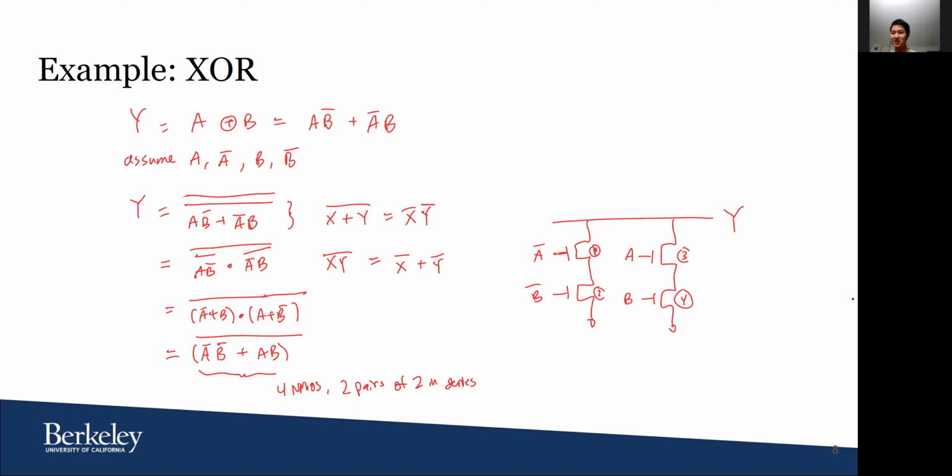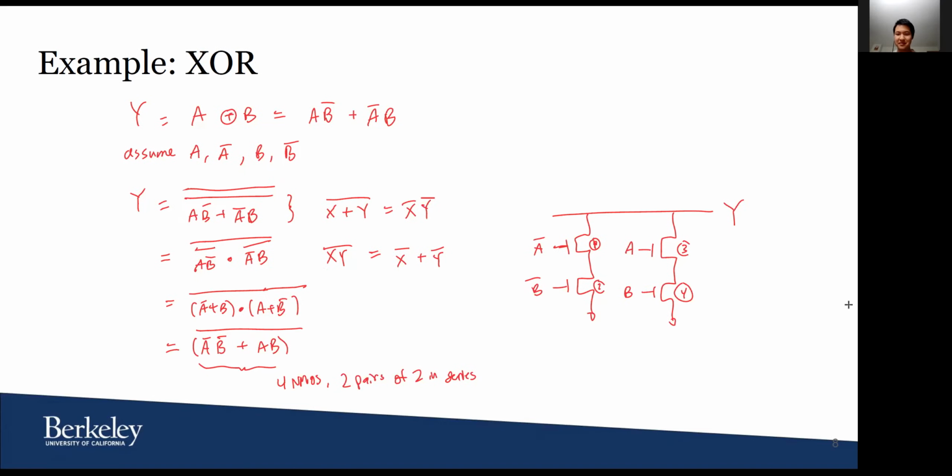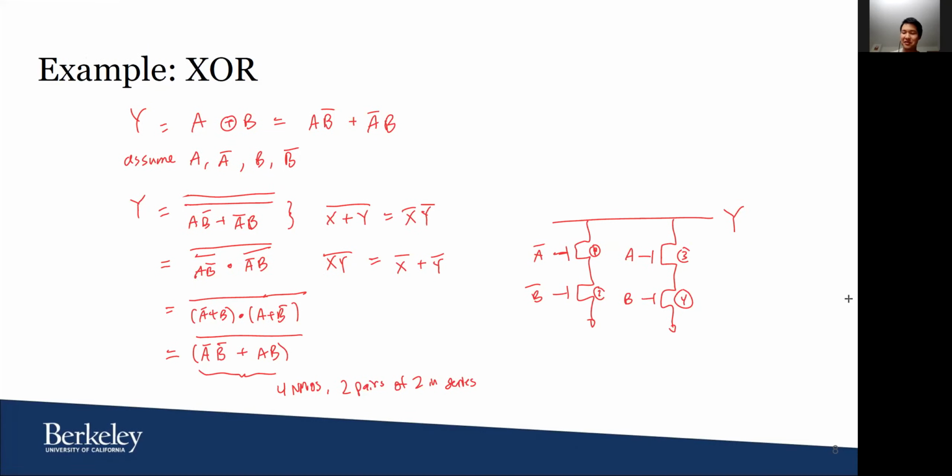Okay, now how would we build the pull-up network with this? How many PMOS transistors do we have? 4. Right. And what configuration would they be in? One series, two parallel.